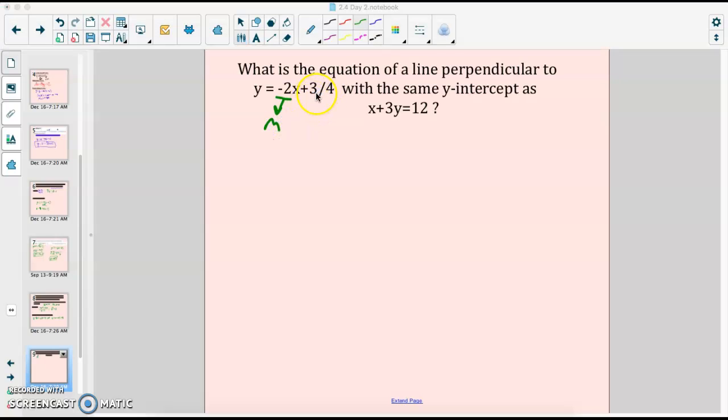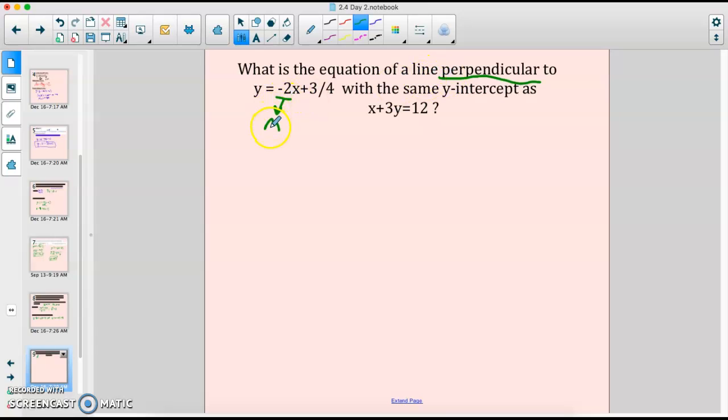And it says that we need the line perpendicular to it, right? And so the line perpendicular to this one is going to have a slope of positive 1/2, right? Opposite reciprocal slope.